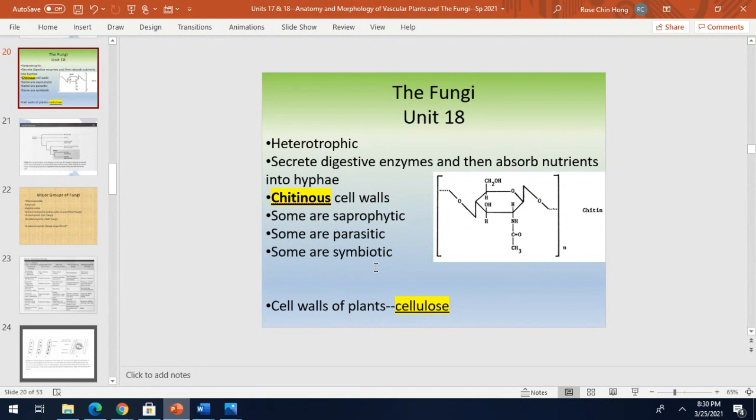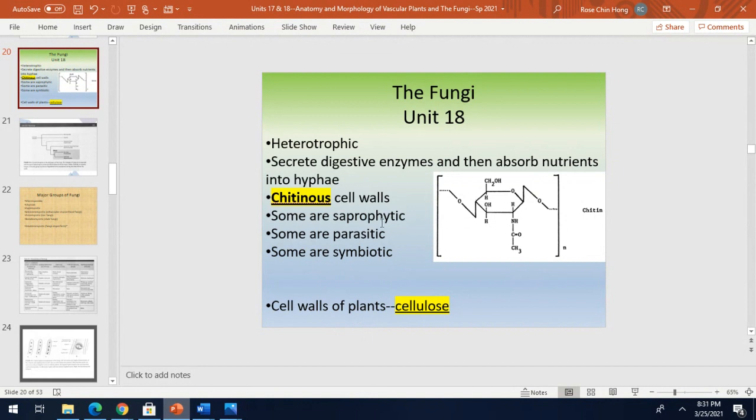What they do is secrete digestive enzymes, and then they absorb the nutrients into the hyphae. We'll talk about hyphae later on, which is a thread-like structure, and they will form mycelium, which will bear the fruiting body of the fungus.